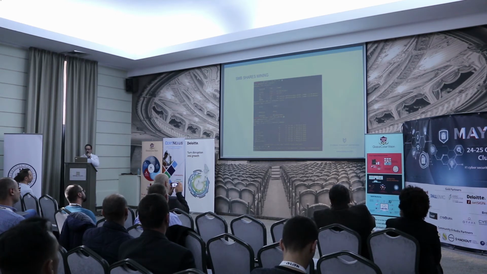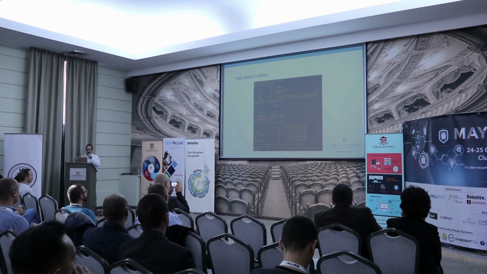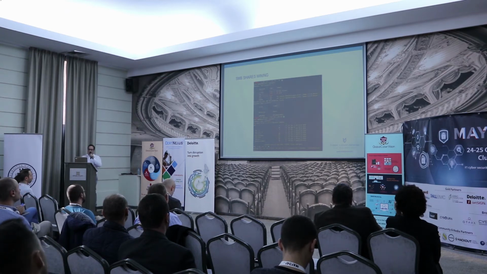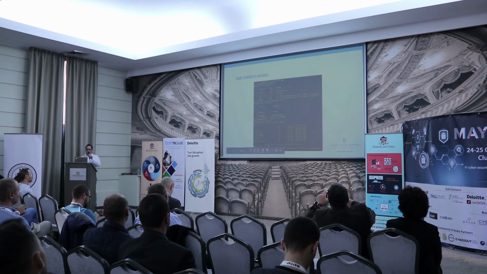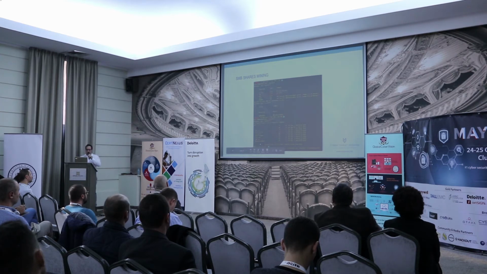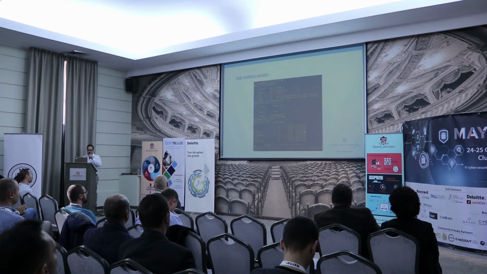When looking into an open SMB folder, this one is just an example from the internet, you can see all kinds of files. In this case, there's a temp folder which contains some files, user.txt and all kinds of other files that we can read and see what's inside of them.